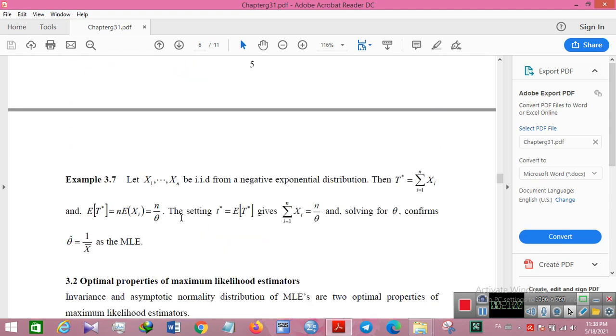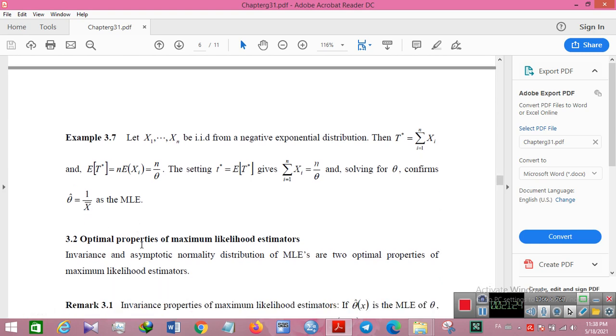For example, let x1 to xn be negative exponential, t star is the summation of xi, and the expectation of t star is n times the expectation of xi, which is n over theta. By setting that equal, we find the summation of xi equals n over theta, and theta hat is one over x bar, the MLE.